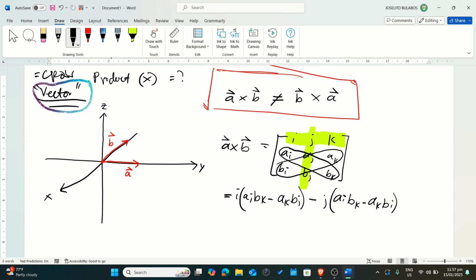BI. Okay, plus next is J or K, so we have to do this one, same process, multiply this by this and subtract by the product of this one. So this will become K times AI times BJ minus AJ BI.